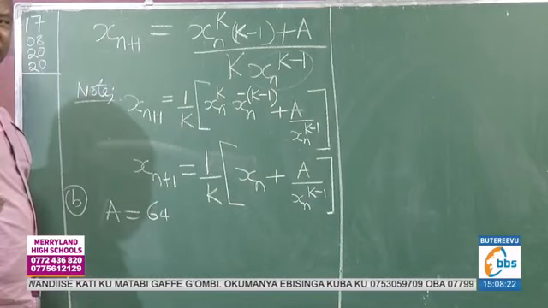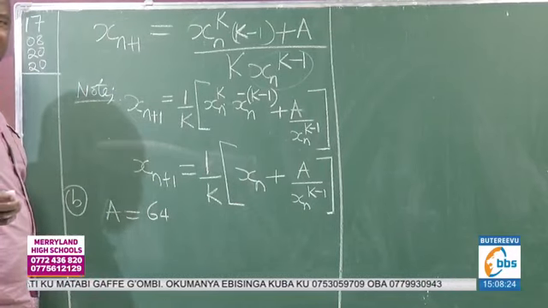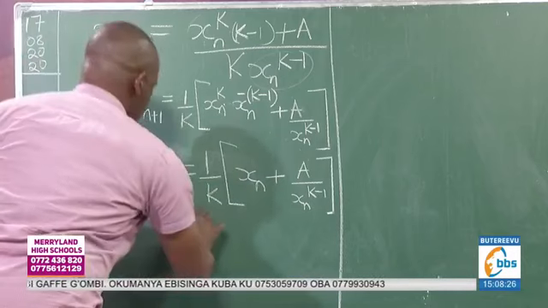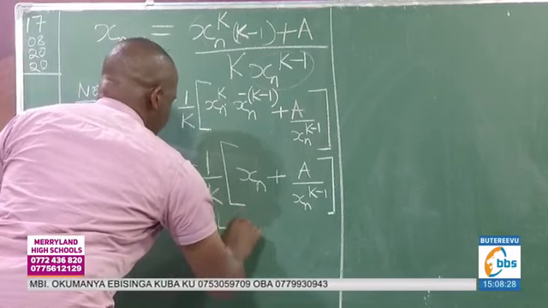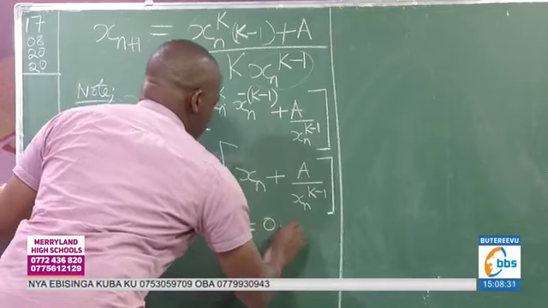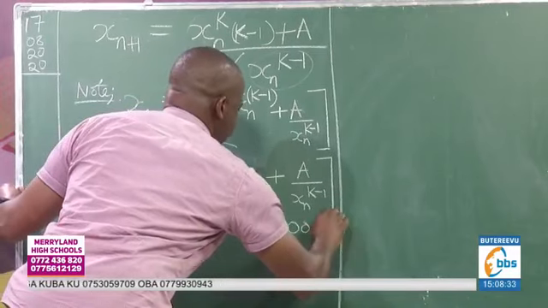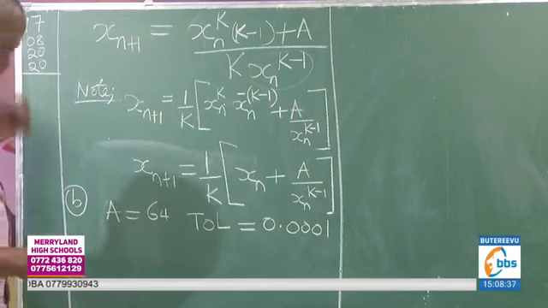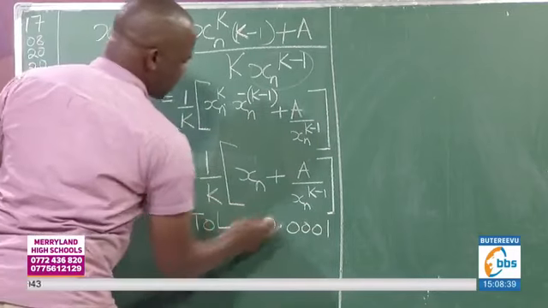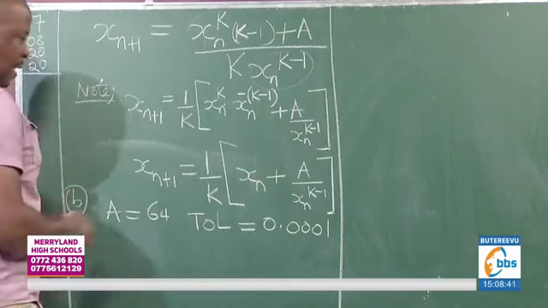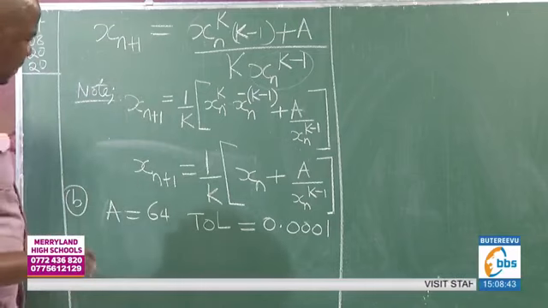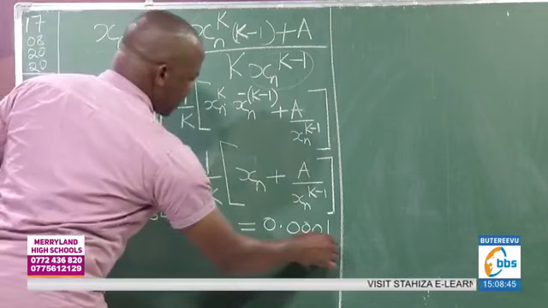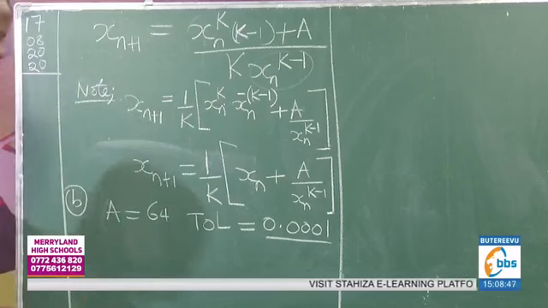If the error is less than 0.00, it should have been, allow me to correct this, it should have been that. Otherwise, the number of iterations you tried out may not actually converge at the time expected. So the tolerance should have been that figure, 0.001.